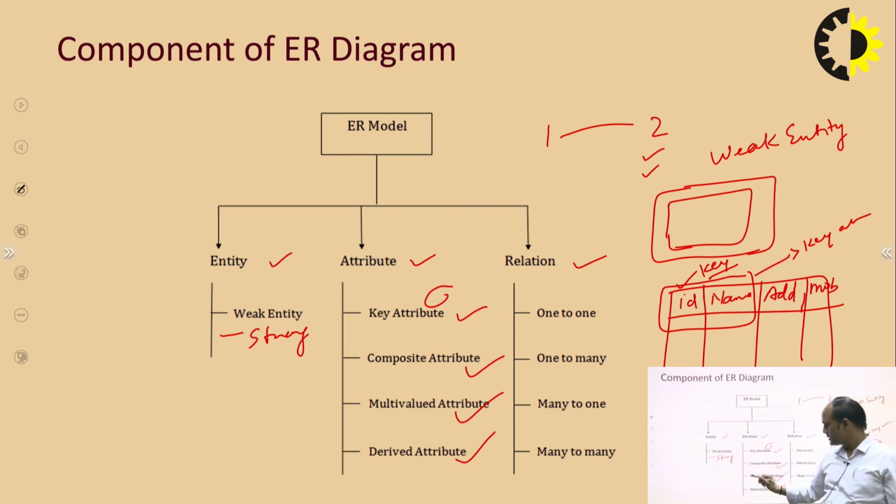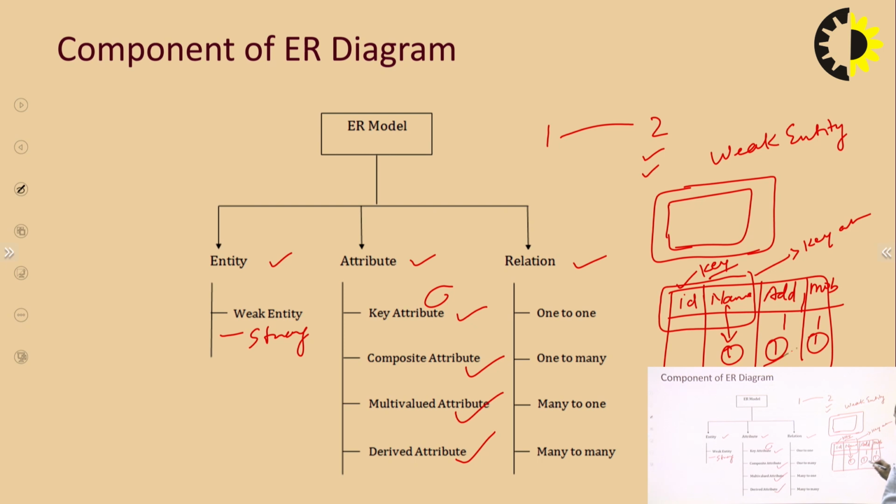Now next is the multi-value attribute. What is a multi-valued attribute? If we have an attribute of our entity and more than one value can exist in that attribute. Suppose we have a name attribute, we consider only one entry in a particular row. In address, we consider one, and in mobile number, one.